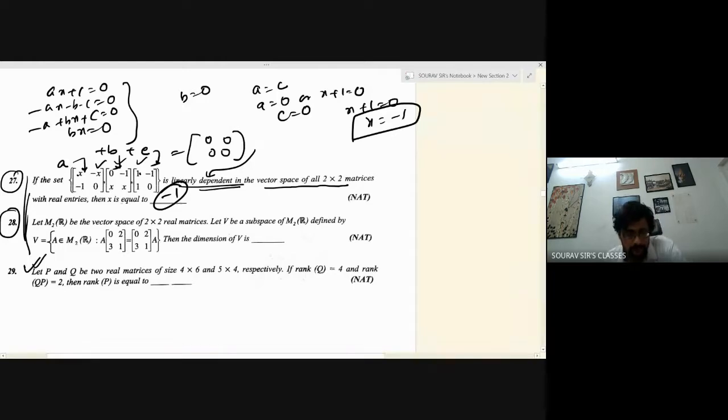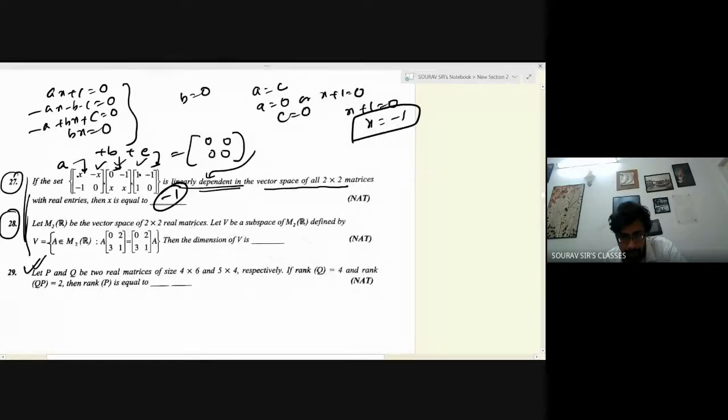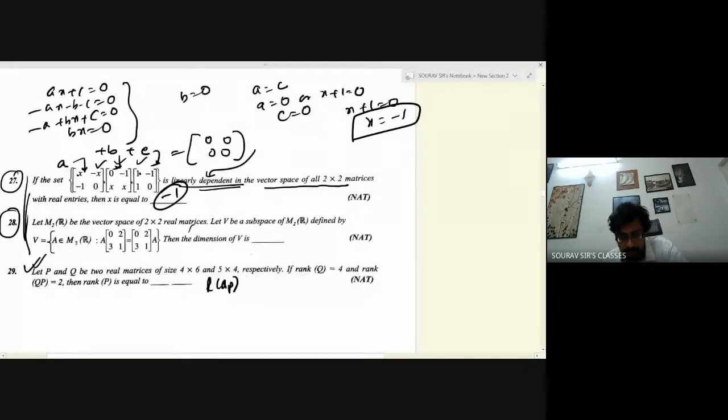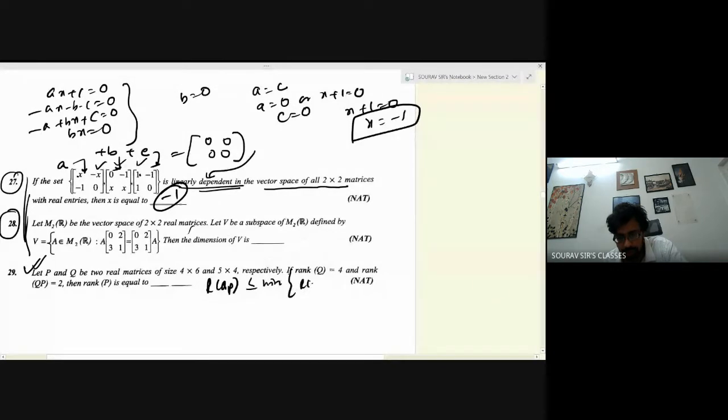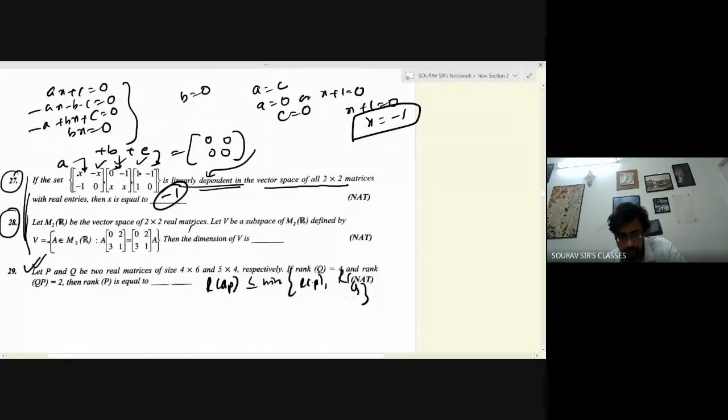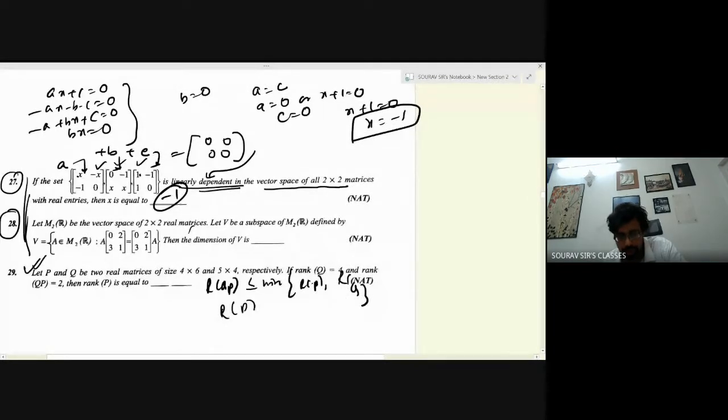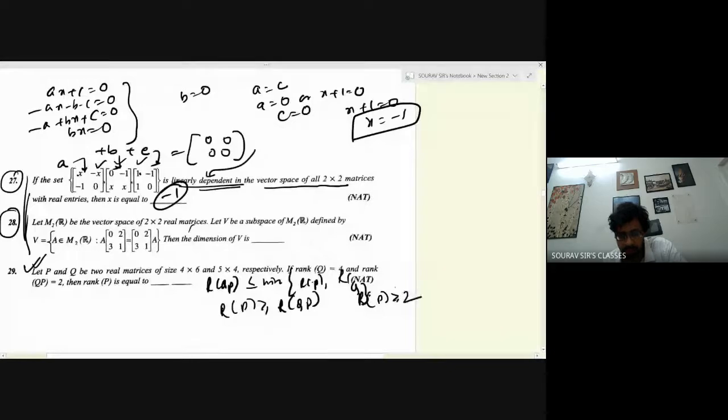Okay, P and Q on this. So rank of QP is less than or equal to minimum of rank of P, rank of Q. That's for sure. So rank of P is greater than or equal to rank of QP, so rank of P is greater than or equal to 2.